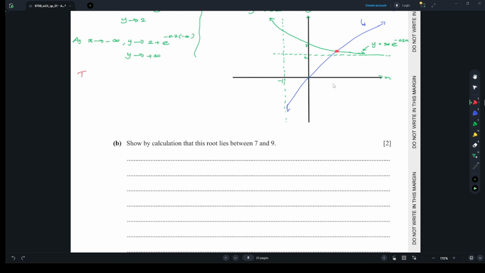Oh, sorry, I will select the green color. Okay, the function y equals 2 plus e to the power minus 0.2x is decreasing, right?